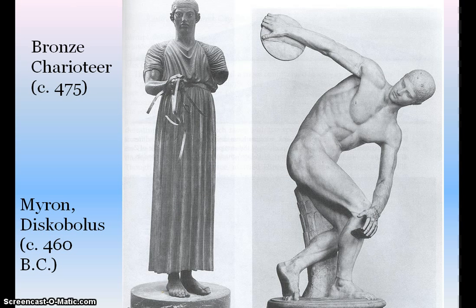Now, these are 2 from the classical era, the pre-Hellenistic era. We have the bronze charioteer on the left, and you have Myron's Discobolus on the right. Now, if you look at both of these, if you look at the faces right here, what it tells you is that there's little emotion in these faces.